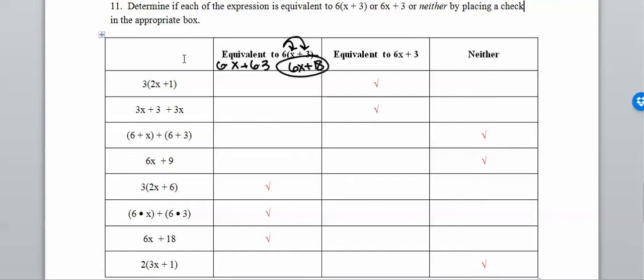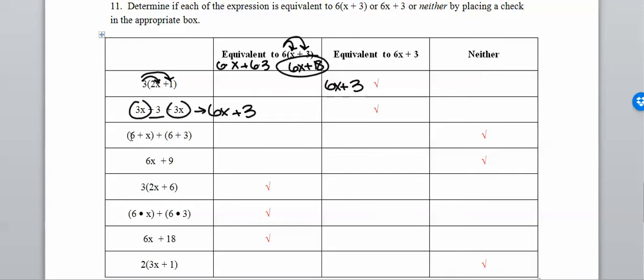Otherwise, they go in the neither category. If I do this one, it's 3 times 2x, which is 6x, and 3 times 1, which is 3. So that's why it goes in this box. Over here, 3x and 3x equals 6x, and then add the 3. Those cannot be combined, so it gets this box.